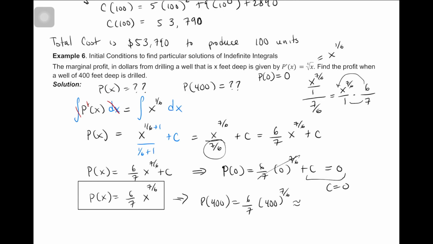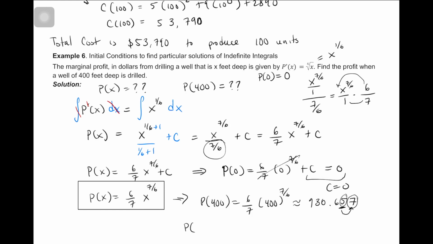This is roughly 930.657. Because we're talking about money, and it's not specified how many decimals to round to, we're gonna round to the nearest cent. We test the next digit, and because it is greater than 5, this number is going to round up.